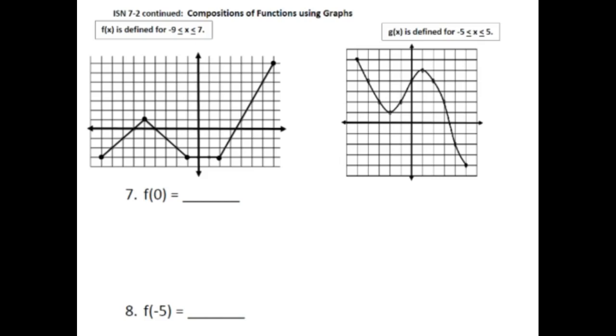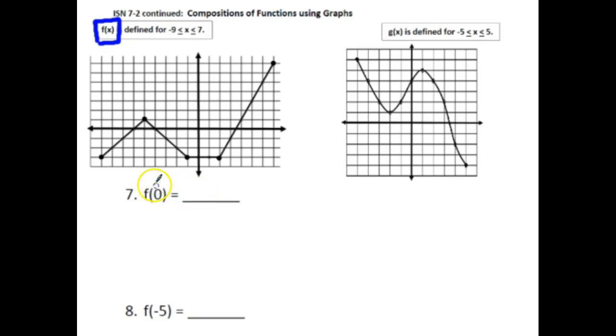So, this f out in front is the name of the function. So I'm going to use the first graph or the second graph. This tells me that the first graph is named f. This is the x value, and I'm going to find the y value.